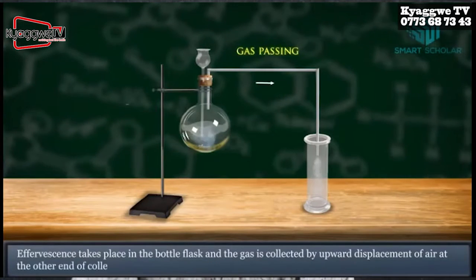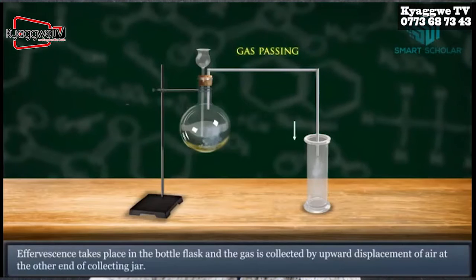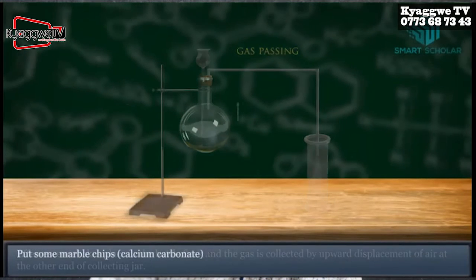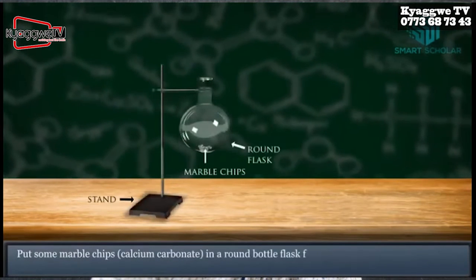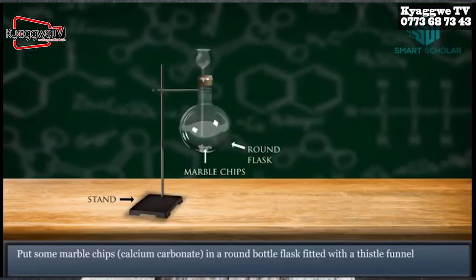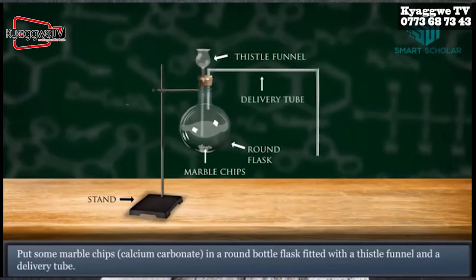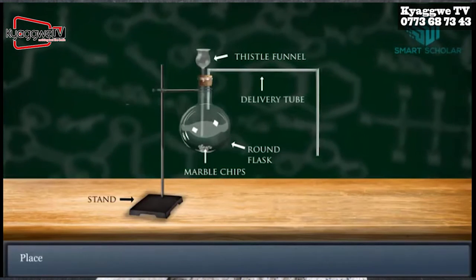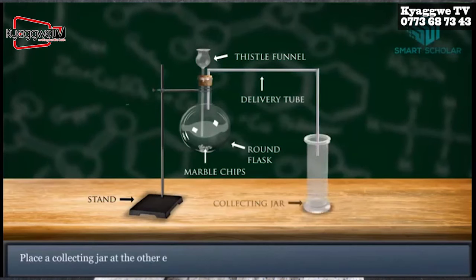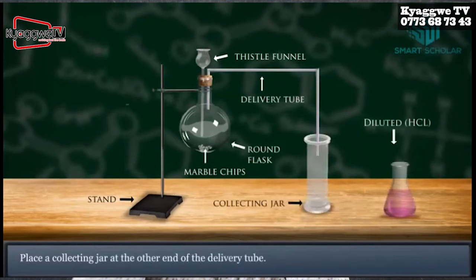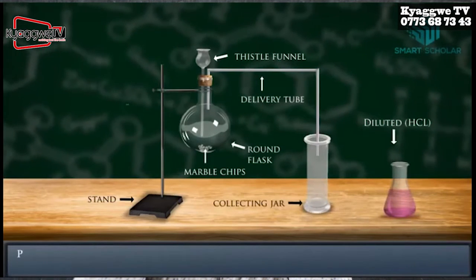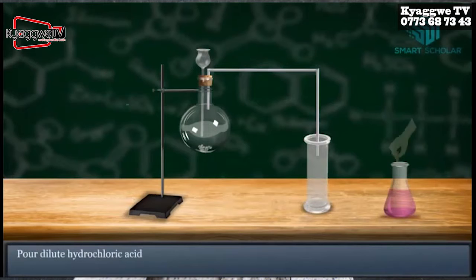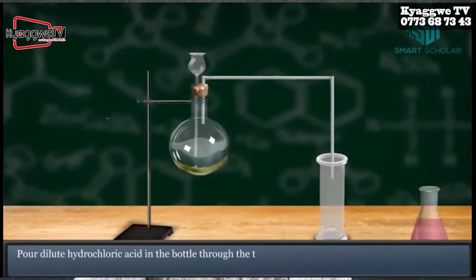In our video that is on the screen now, we will learn how to prepare carbon dioxide in the laboratory. Put some marble chips or calcium carbonate in a round bottomed flask with a thistle funnel and delivery tube. Place a collecting jar at the end of the delivery tube.